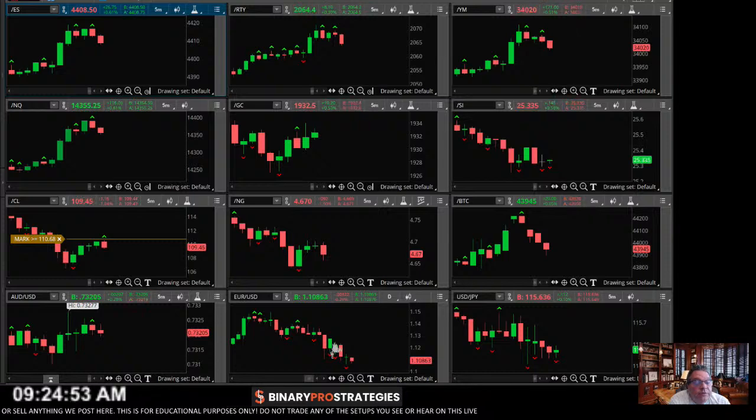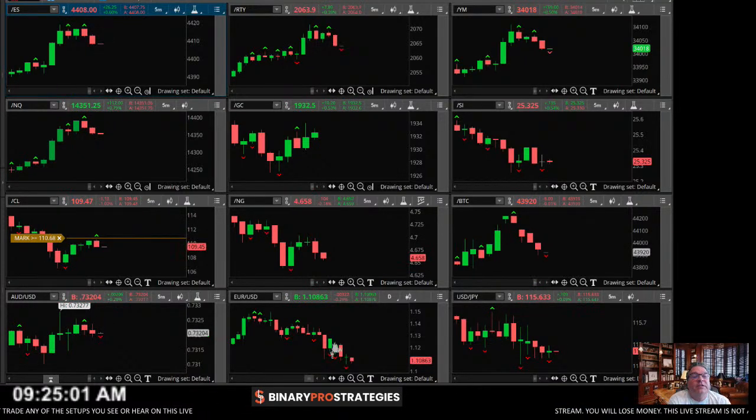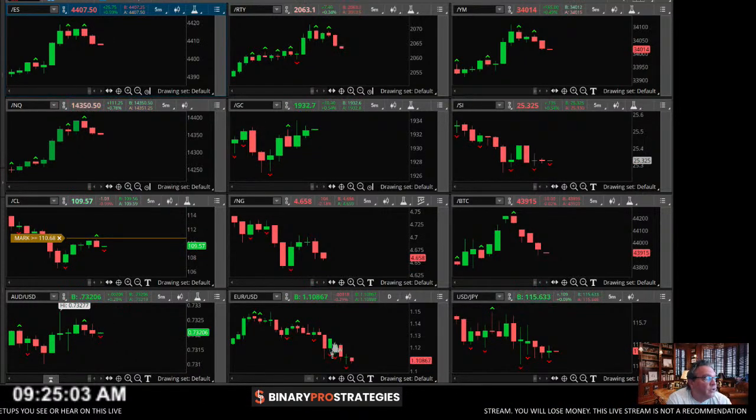Still long the 73.21 on the Aussie. We're sitting at 21.3 with it just expired. So that was a winning trade on the Aussie US. Once again, that was a core setup. That is a pattern that we do teach in the core package.